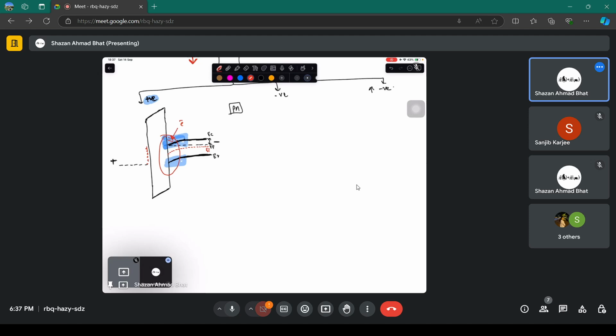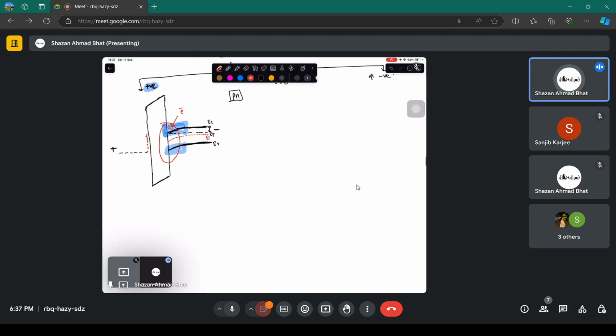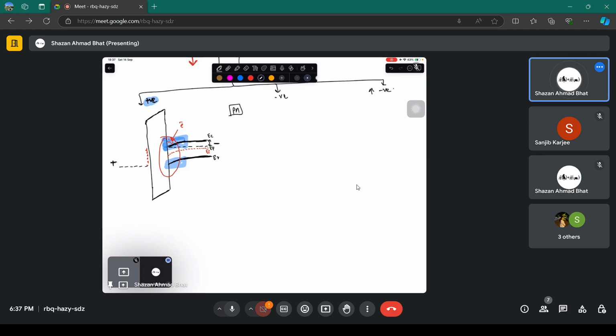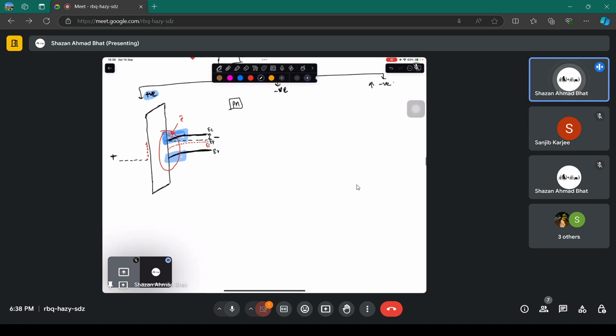Okay. Now, what happens is that if you just reverse the polarity of this particular bias you have applied, you're going to reverse the bending.